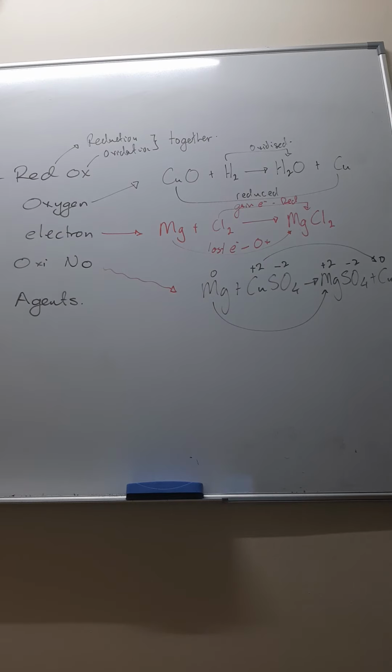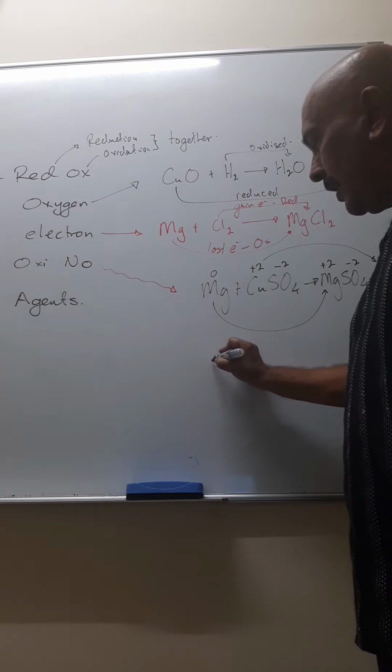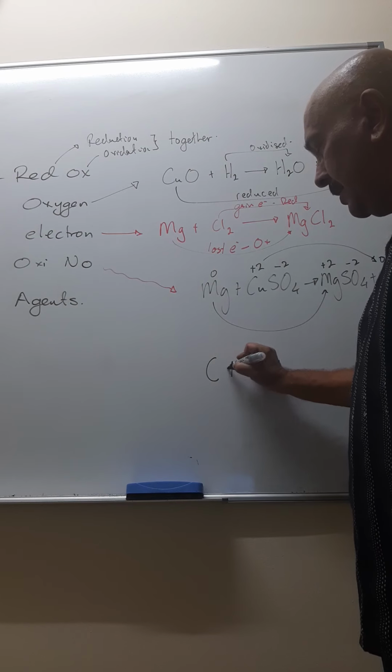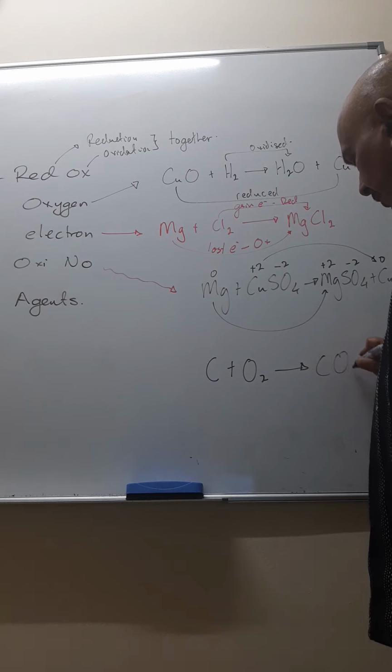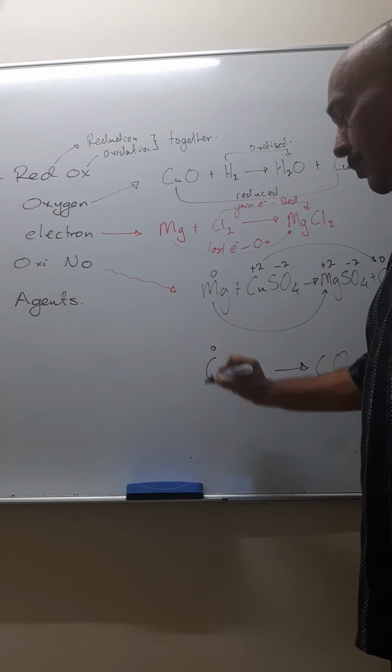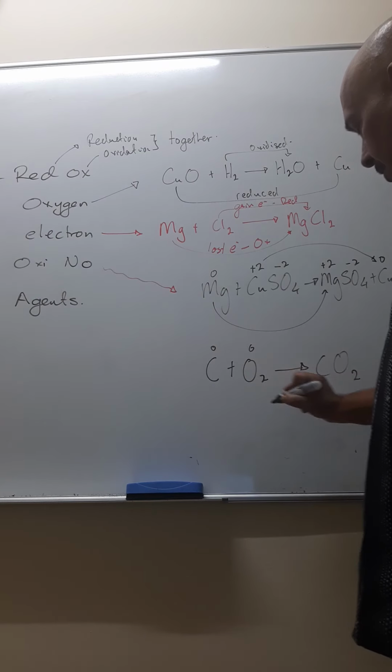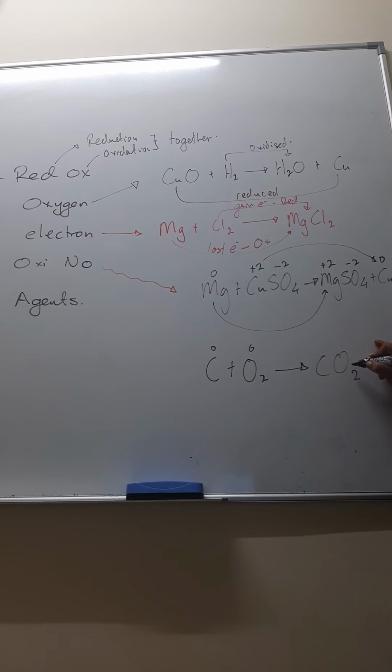So oxidation number only appears when it's reacting with something. For example, in this one, magnesium is not with anything. That's why its oxidation number is 0. Okay, so if you take another one, which is carbon plus oxygen, which gives you carbon dioxide, 0, 0. Now, oxygen is always negative 2.